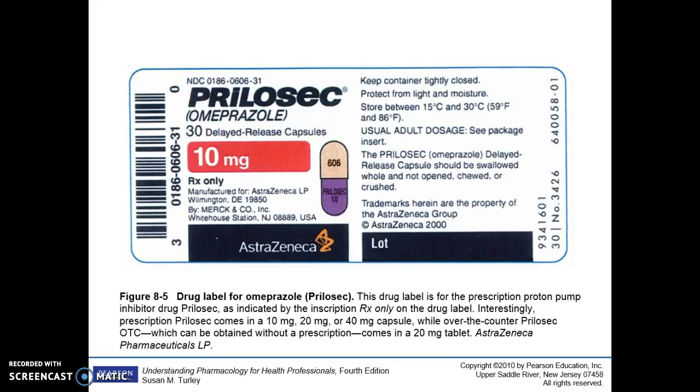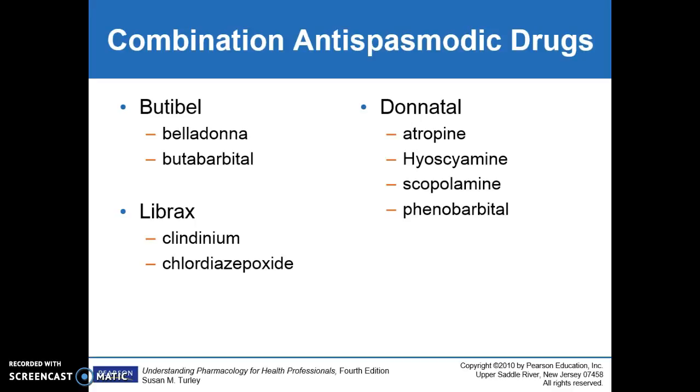Some of the other things that you're going to be looking at are those antispasmodics, which can be used for things like vomiting and diarrhea. Okay, so we've got the Donnatals and things along those lines.